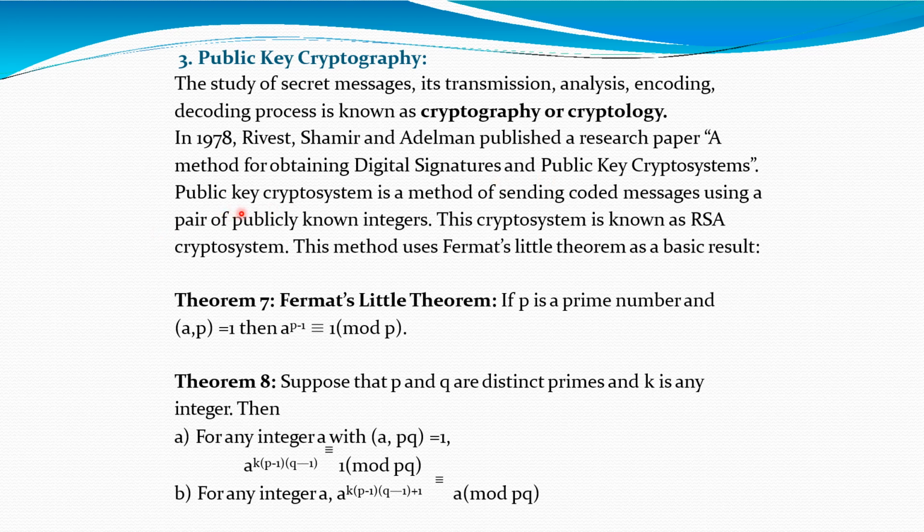Public key cryptosystem is a method of sending coded messages using a pair of publicly known integers. This cryptosystem is known as RSA cryptosystem by taking first letter of these three persons. This method uses Fermat's little theorem as a basic result, which is stated here.